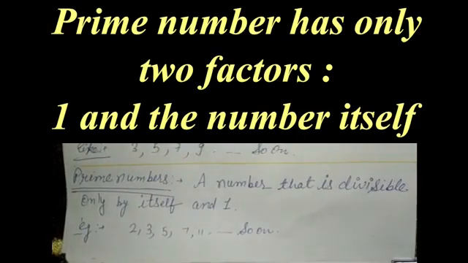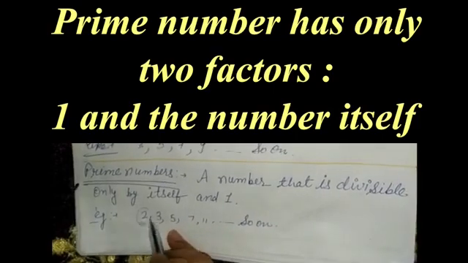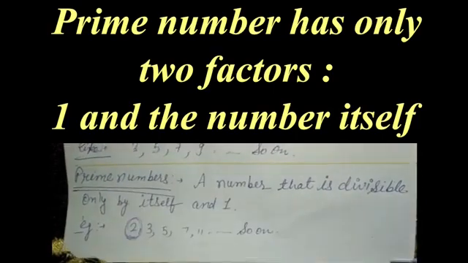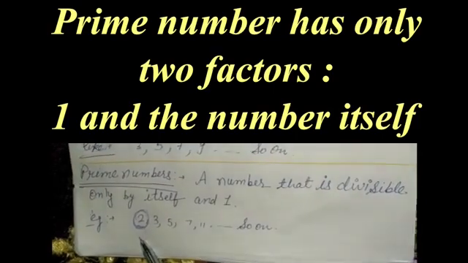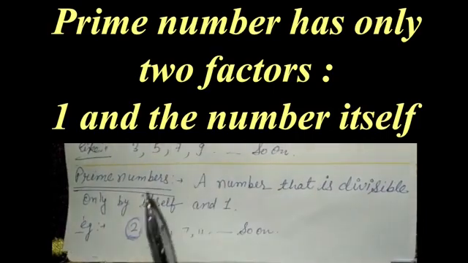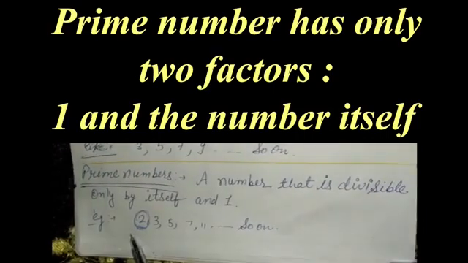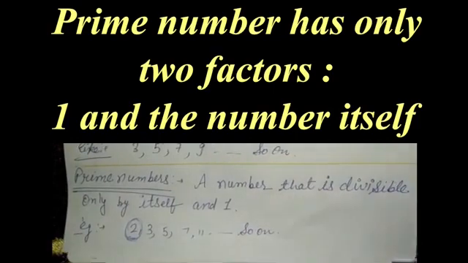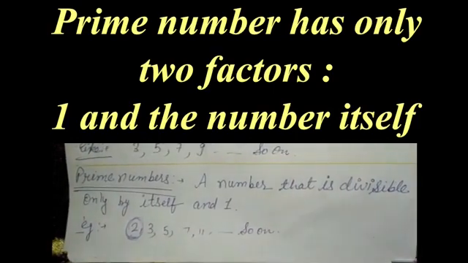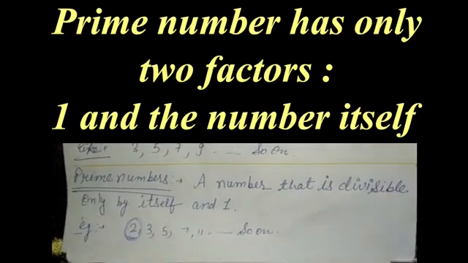See, 2, let's understand this. 2 has factors only 1 and 2, and 2 does not come in any other number's table, so that's why we can call it a prime number.